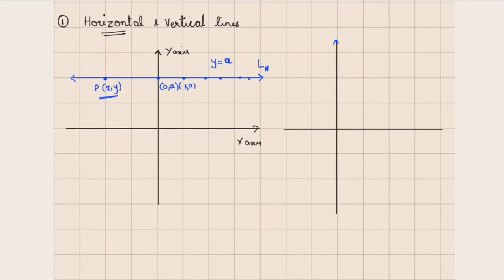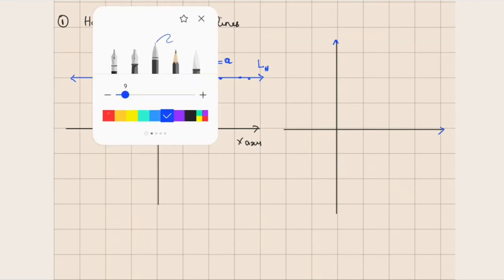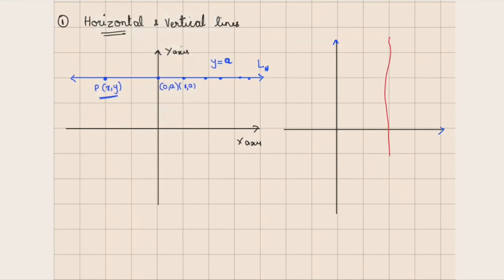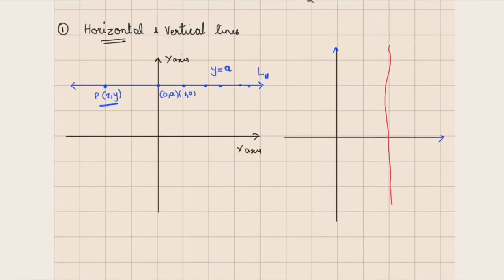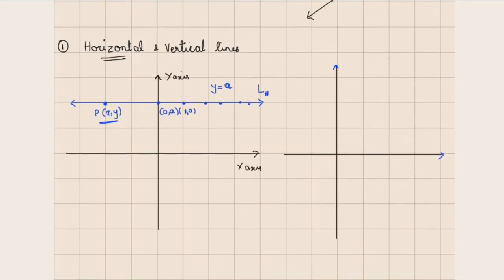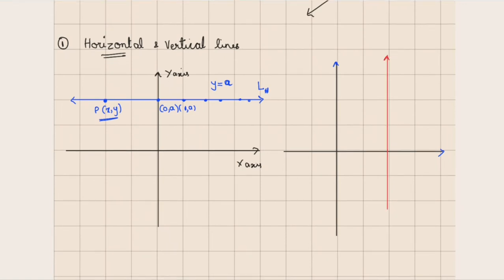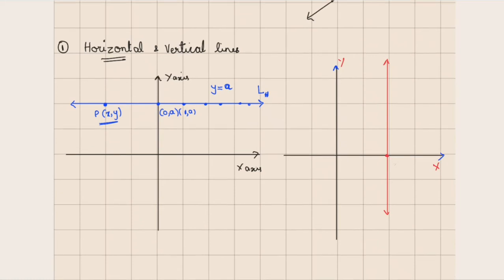Similarly, for vertical lines, take a vertical line. This is the x-axis, this is y. So it intersects the x-axis at some point a comma 0. Here the ordinate is 0 because it lies on the x-axis.